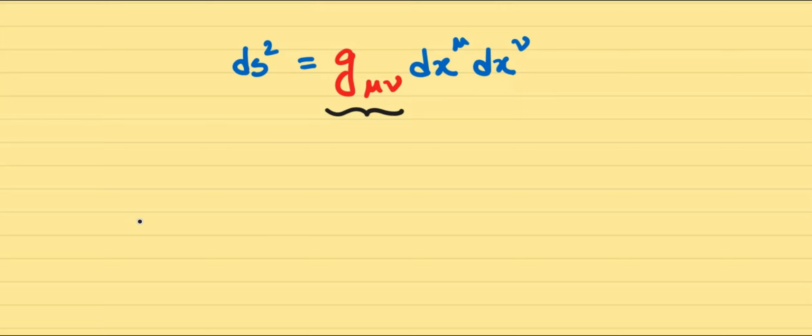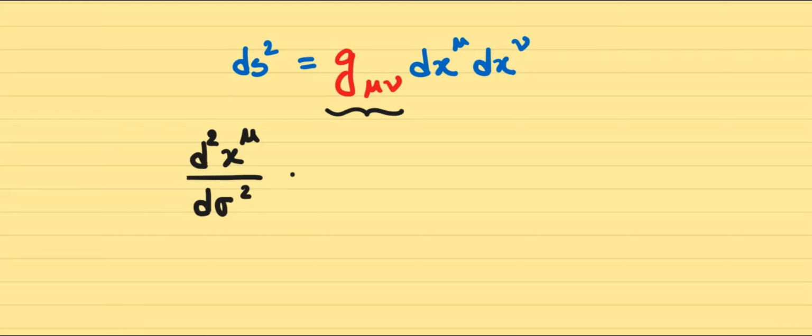Now if you remember the geodesic equation, it is written like this. So it's the double derivative of a coordinate x mu with respect to a parameter. Now for the simplicity of this content, we are going to assume that this parameter is an affine parameter. Otherwise, the structure of the geodesic equation changes.